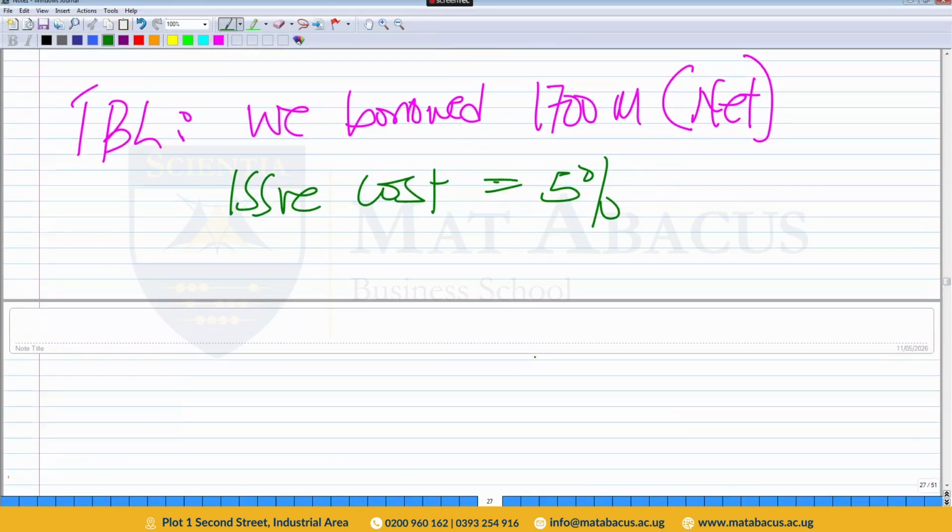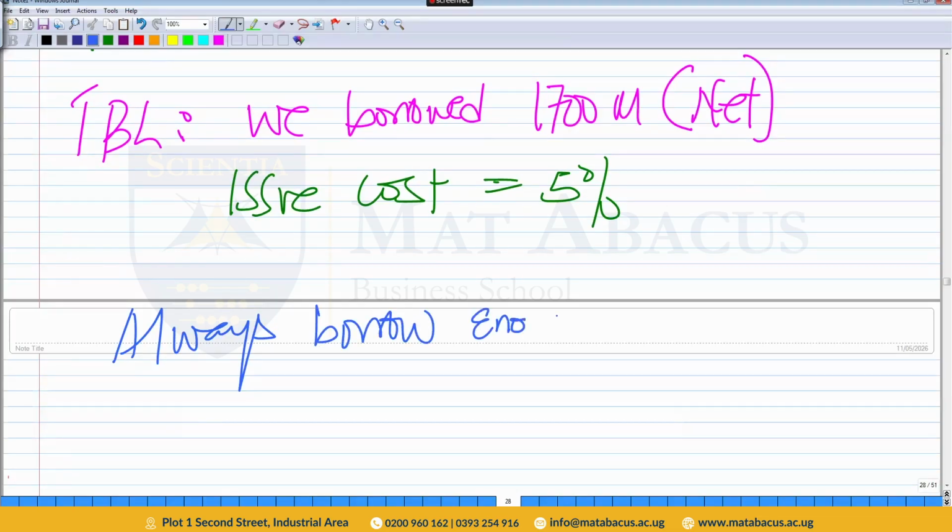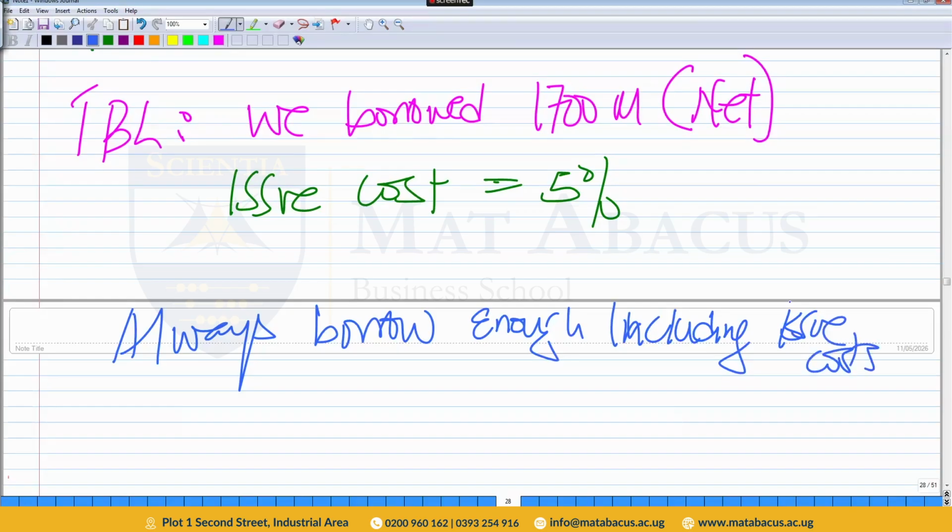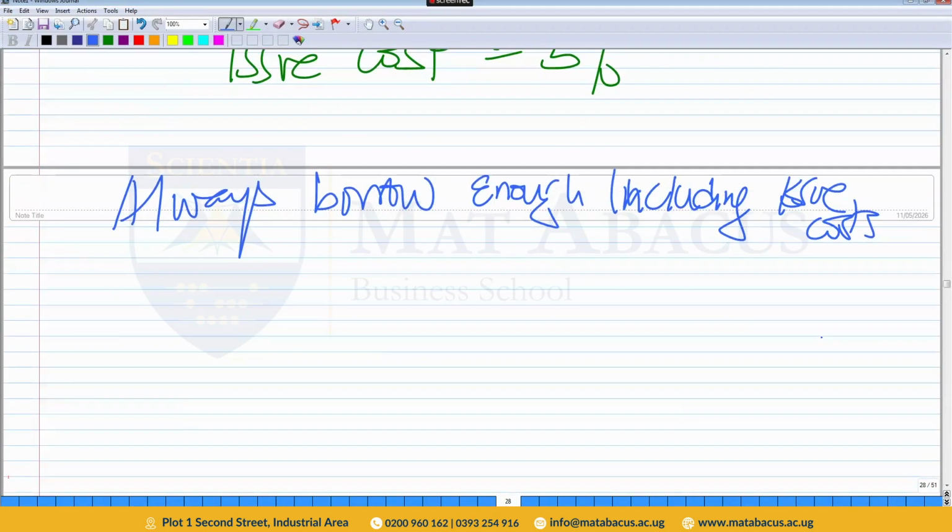The rule is, unless stated that that was gross, always borrow enough, including issue costs. Therefore, we need to gross up DBL.